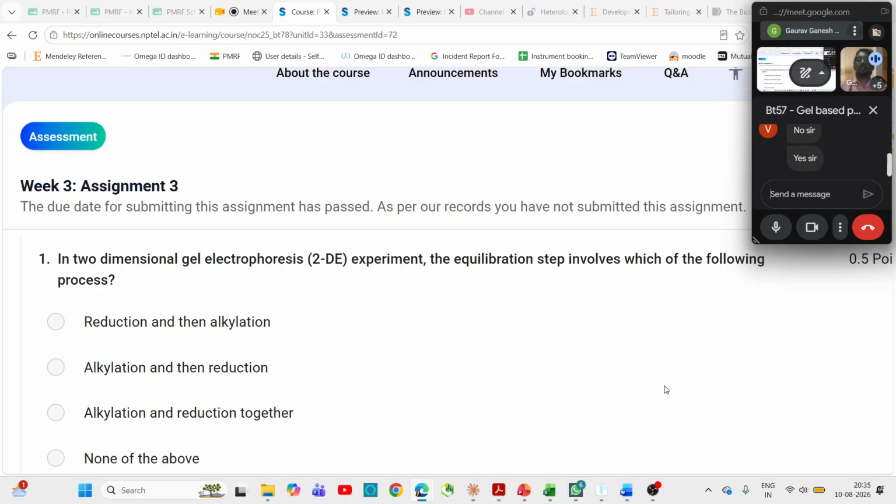So the question says in 2D experiment, the equilibration step involves what?